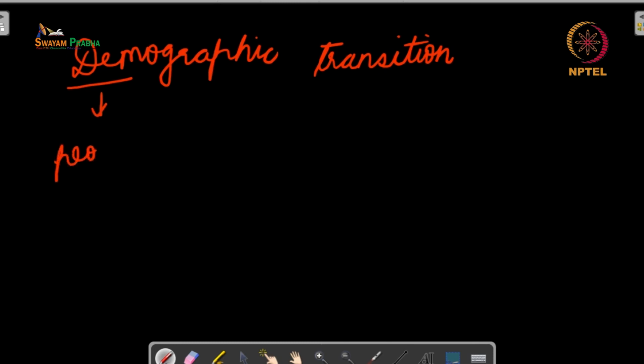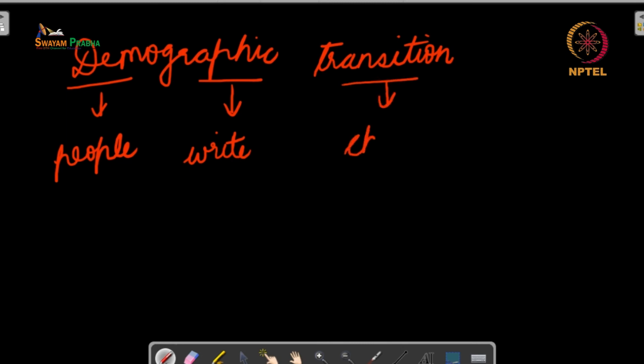Demos refers to people, graphy is to write or to record. So demography is the process of writing or making a record of populations, people's populations, human population. And these demographic characteristics undergo a transition, which is a change.